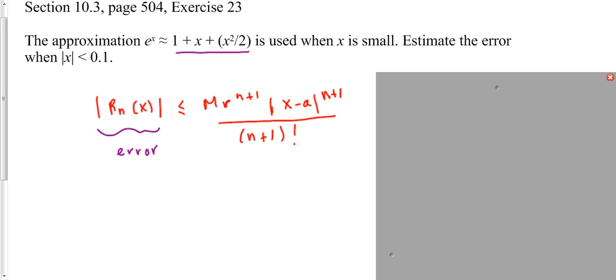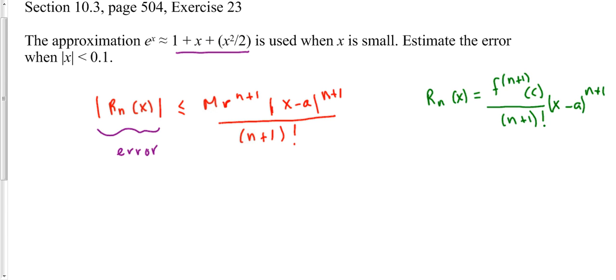Now this is based on Theorem 3, which tells us that Rn of x is equal to the n plus 1 order derivative of f evaluated at c, divided by n plus 1 factorial, times x minus a to the n plus 1.